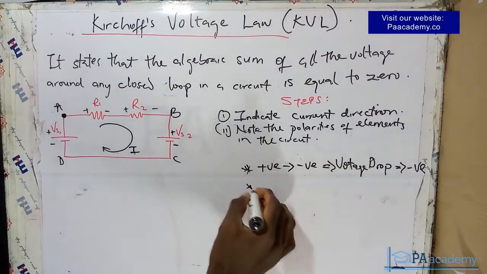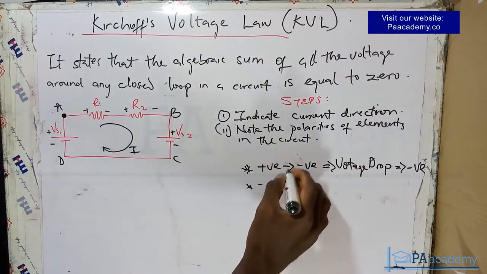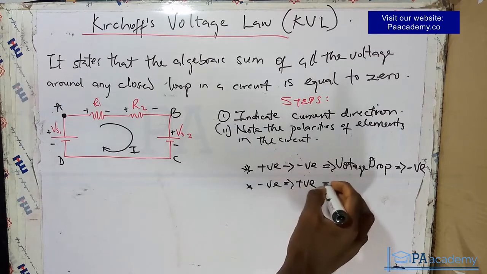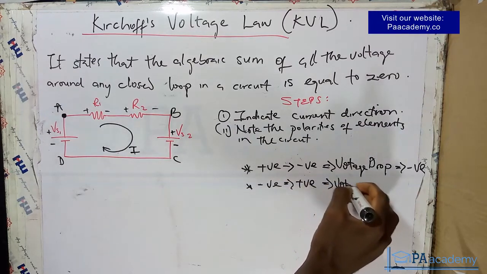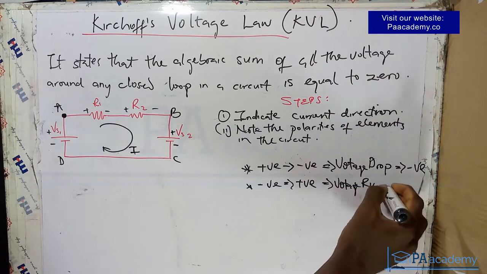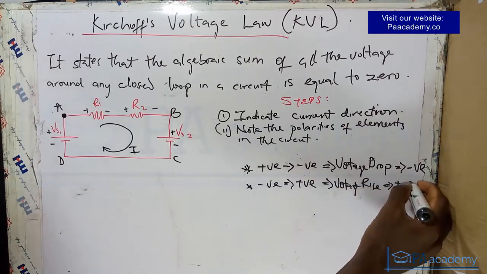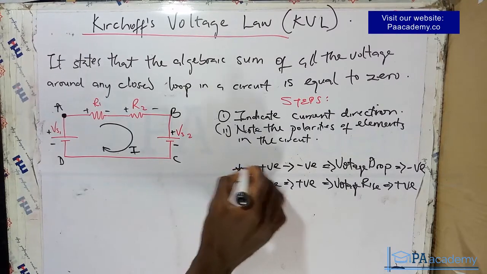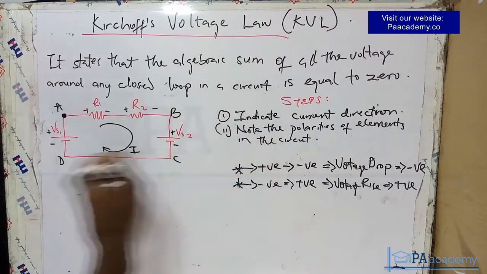If you are moving from negative to positive, we consider that a voltage rise, and that will give us a positive value. Don't worry, you'll still understand what I mean with what I've written here. In case it's not clear, just follow along.